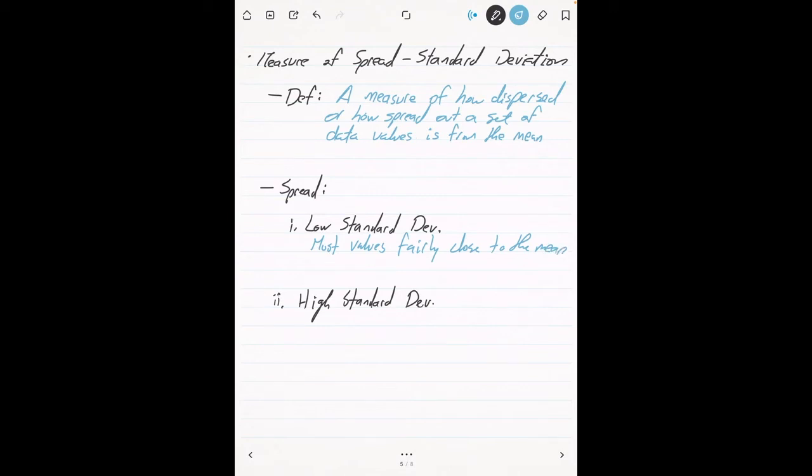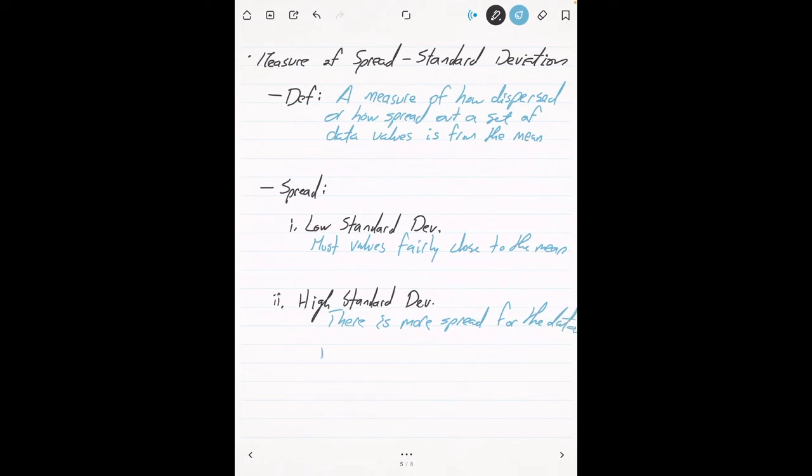A low standard deviation means you're not that far away from the mean, okay? The majority of your data is not that far away from the mean. And when I say majority of your data, I mean over half of the data points. I mean over half of your data is fairly close to the mean. Now for a high standard deviation, that means there is more spread for the data.